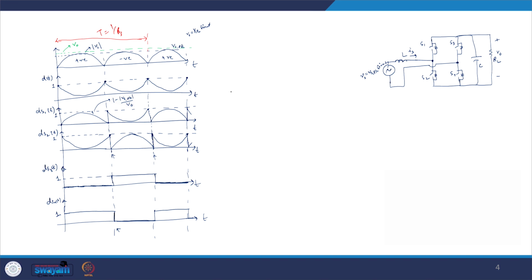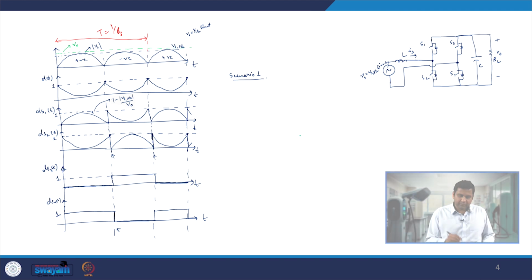Now let us take the first scenario. In this scenario I am talking about the point where the grid voltage is going from negative to positive.